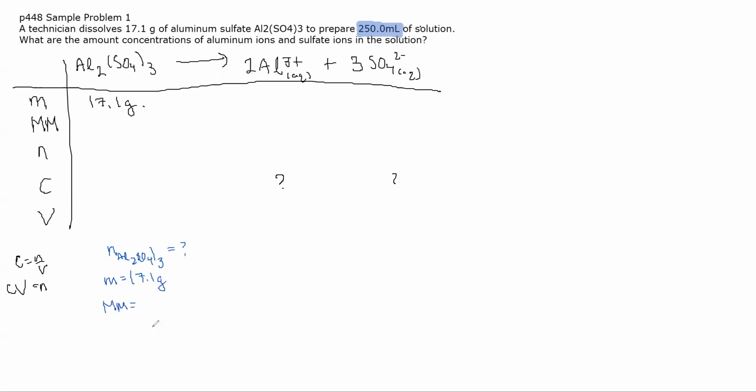The molar mass is going to be 2 times aluminum, 2 times 26.98 plus 3 times sulfur plus 12 times oxygen. That is going to be 342.17 grams per mole.